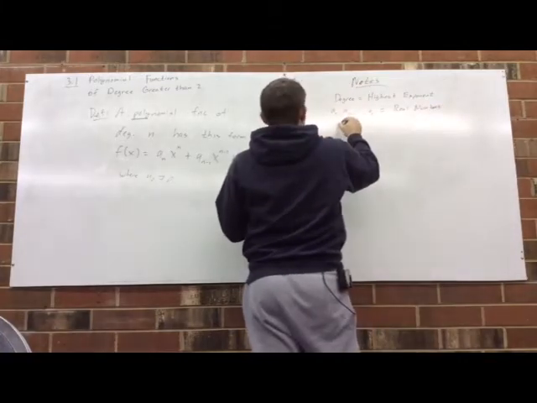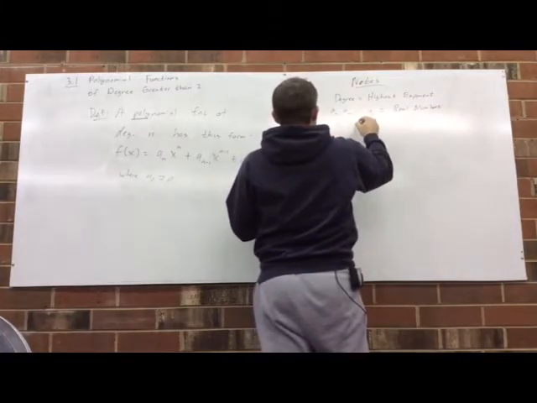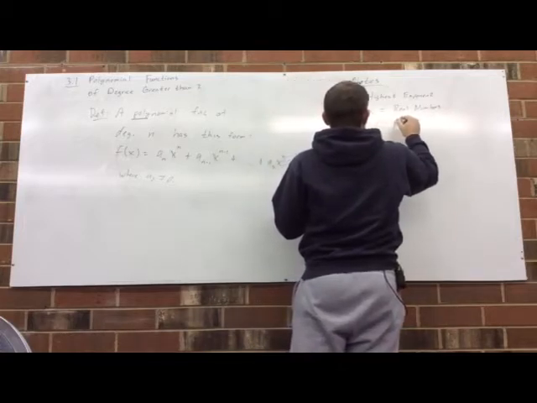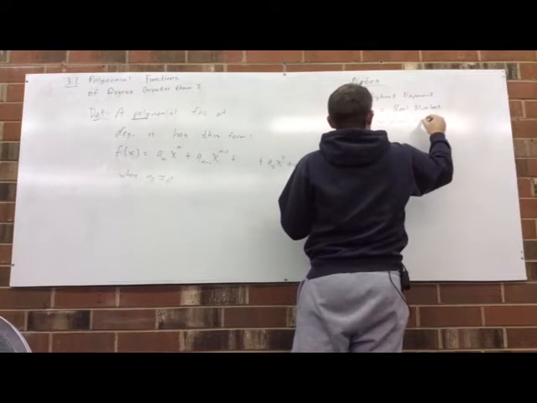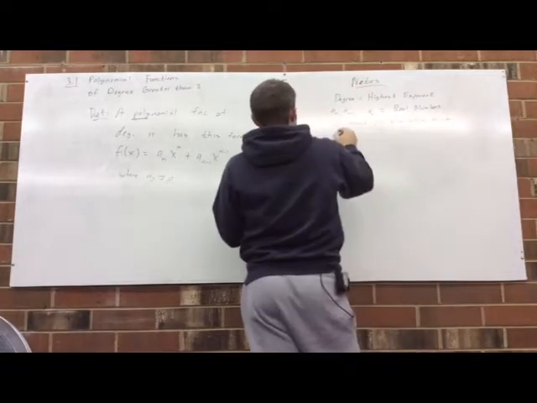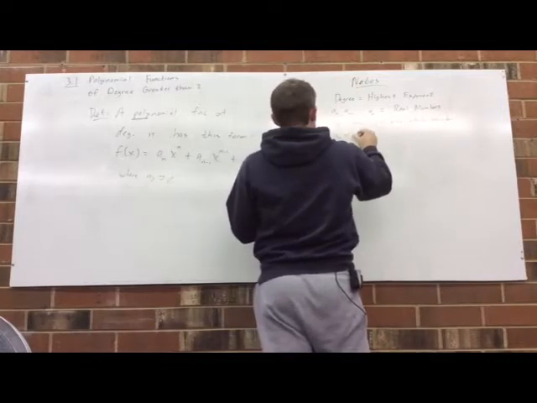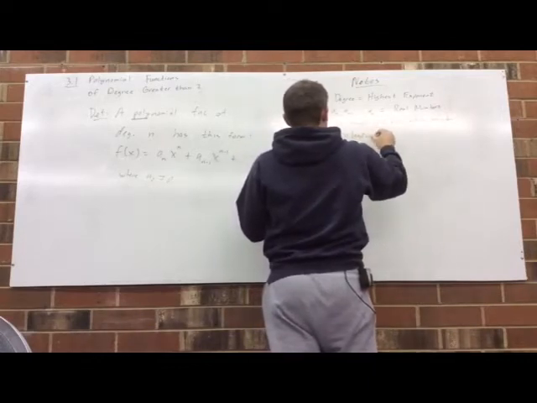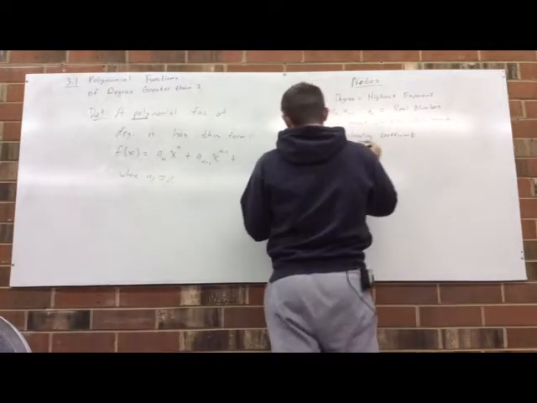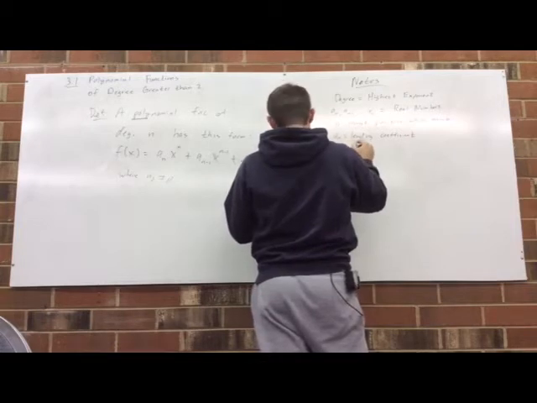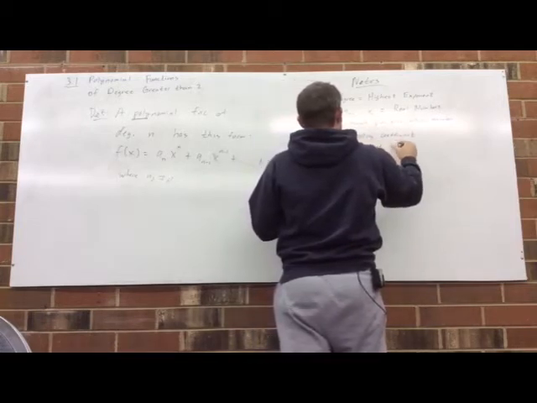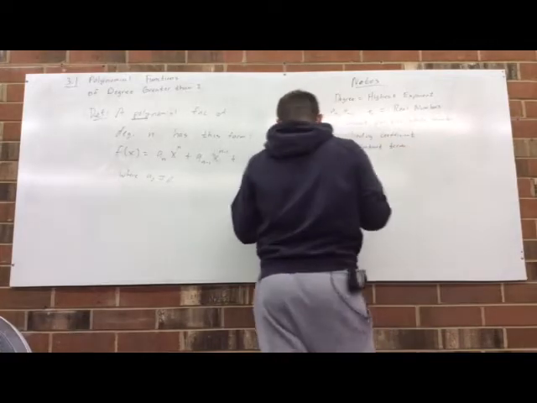N must be a positive whole number. A sub n is the leading coefficient, and a sub naught is just a constant term. It has no variable on it.